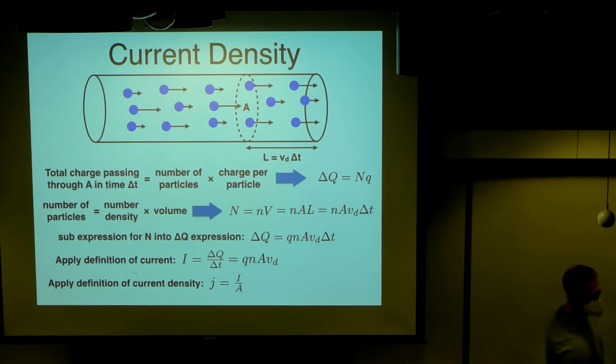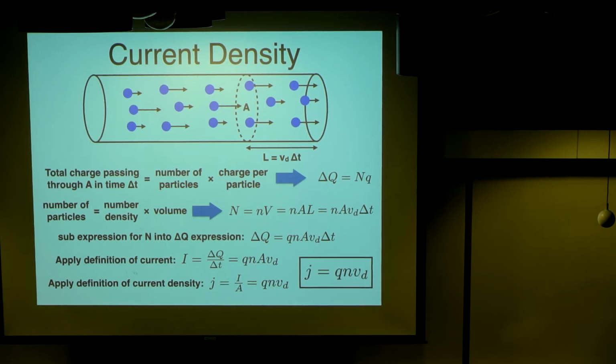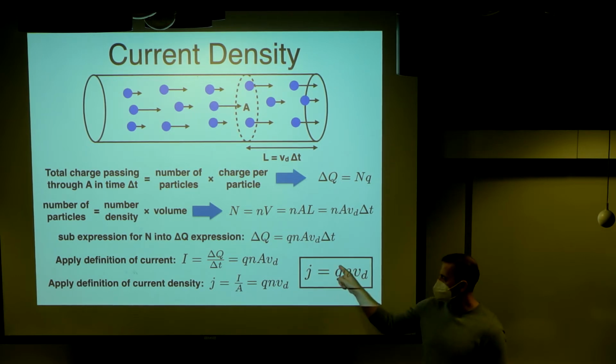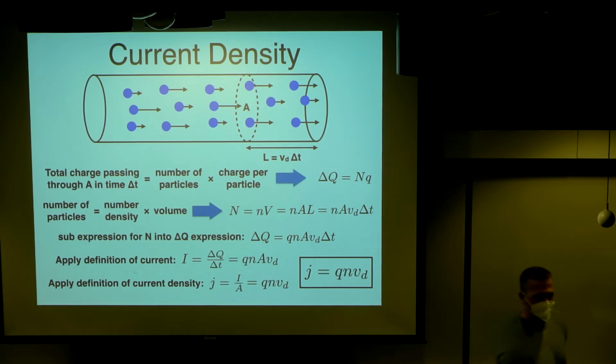Just cancels it out, right? So that gives us something kind of simple, actually, which is q, n and vd. That's the big result here. The big result is current density is q lowercase n vd. Current density equals the charge of each particle, number density of particles, drift velocity of particles, all multiplied together. Okay? Make sense?